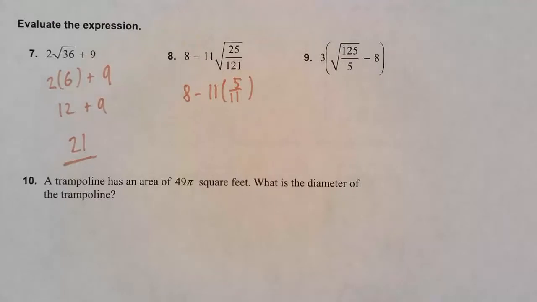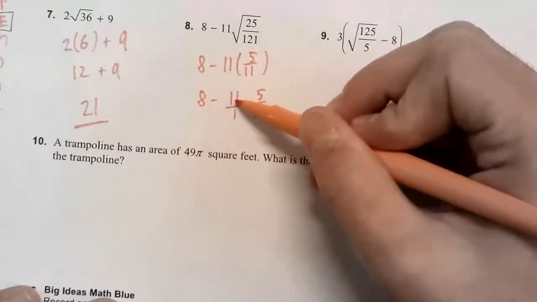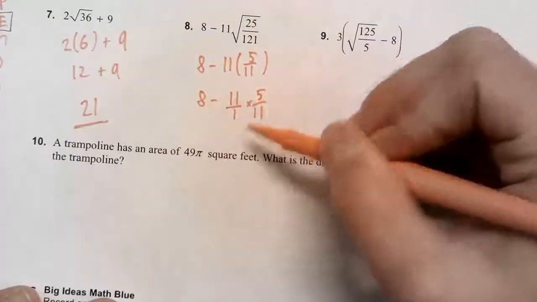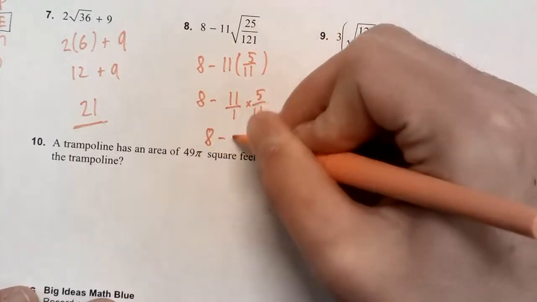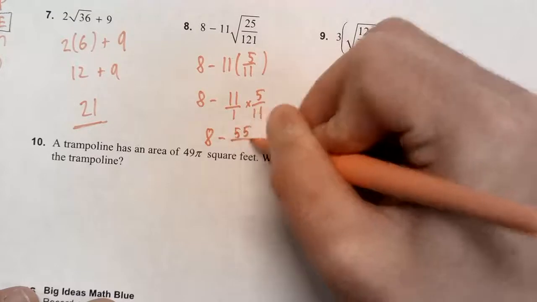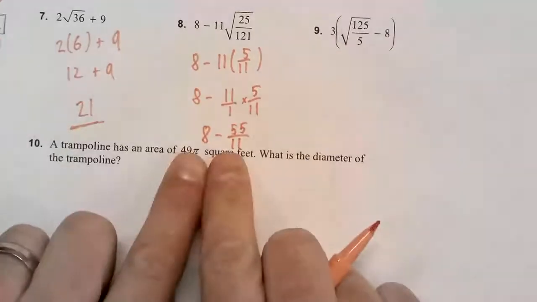Square root of 25 over 121 is 5/11ths, which means I'm going to have to multiply some fractions here. And quick reminder, when I'm multiplying fractions, I get to just go straight across and straight across. So 11 times 5 is 55. 1 times 11 is 11.